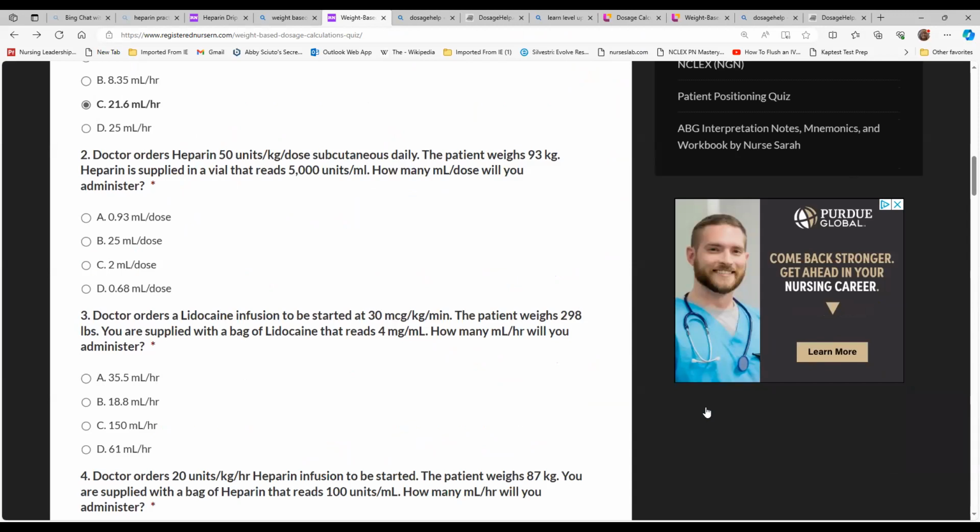So this is telling us how many milliliters per dose will you administer. So this is a desired over have. So it's a weight-based dose. We're going to take our patient's weight, which is 93 kilograms. Our ordered supply is 50 units per kilogram per dose. And we have 5,000 units per ml on hand.